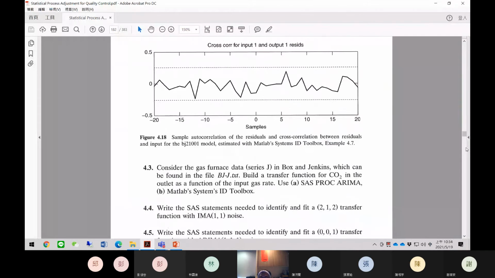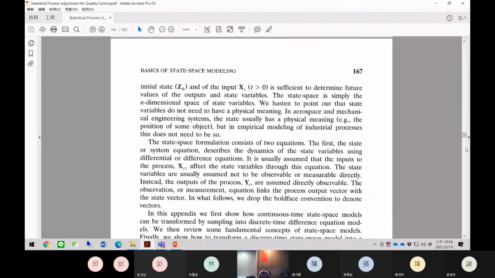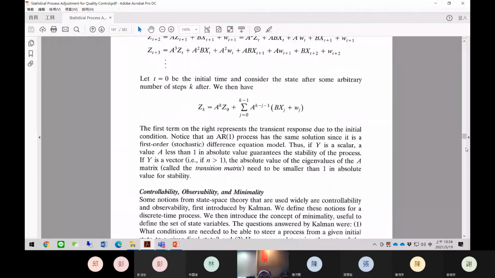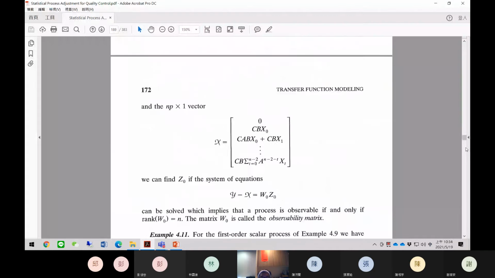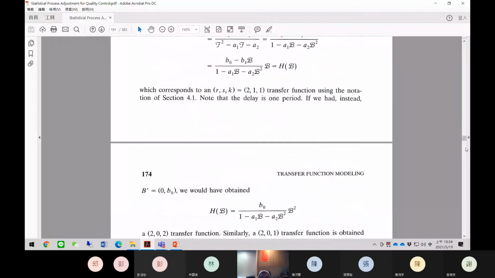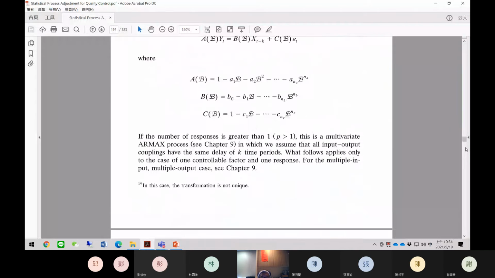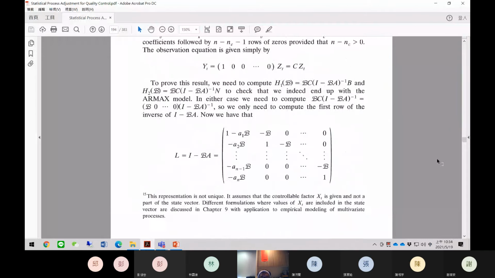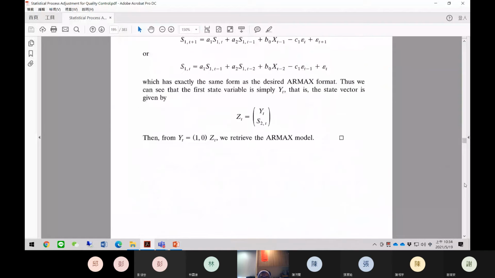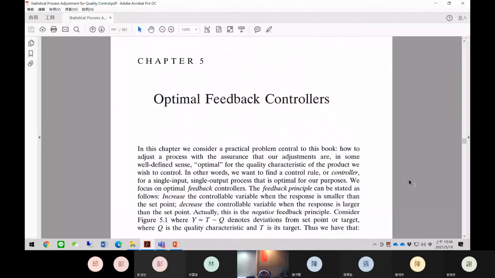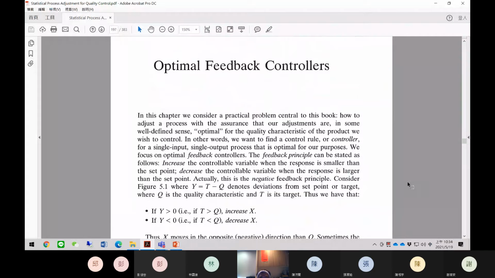Let me move to chapter 5. Okay, optimal feedback controller. This is going to be the most popular in TSMC.